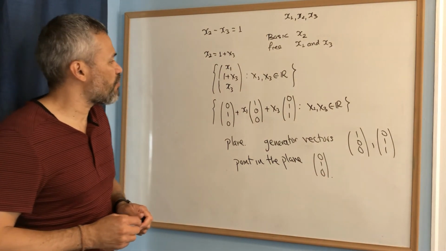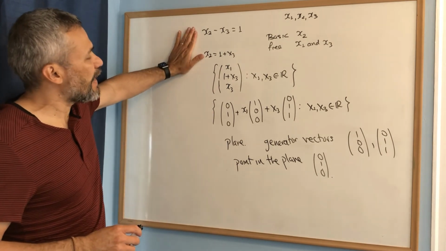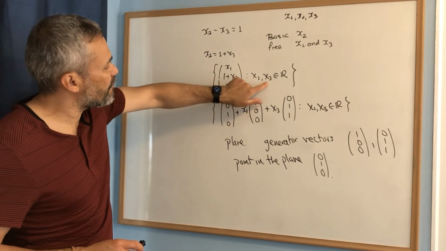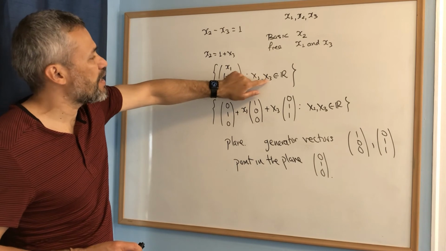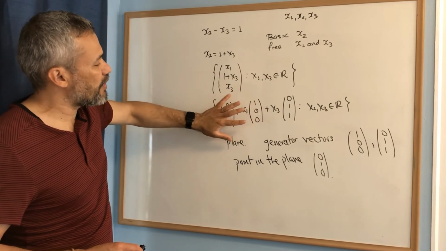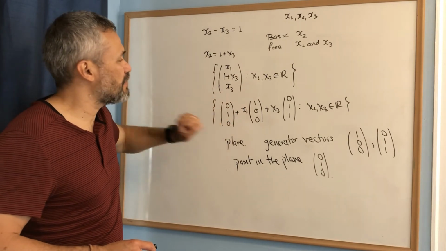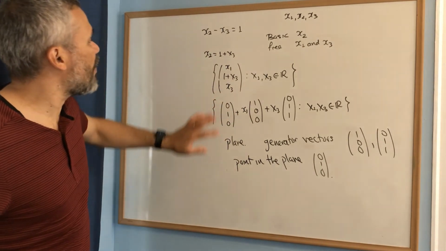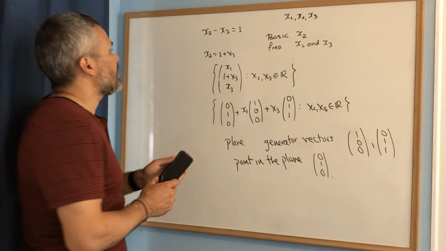Maybe it's worth pointing out that anytime you are solving a system and you end up with two free variables, then geometrically that set is a plane. And regardless of how many variables you have, let's do another example.